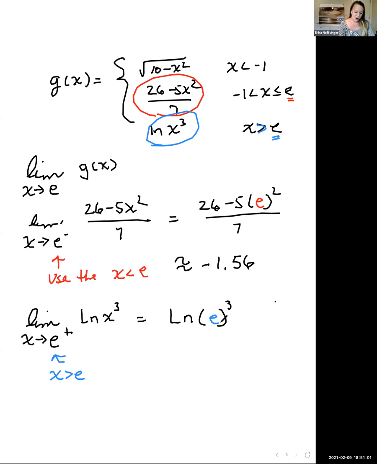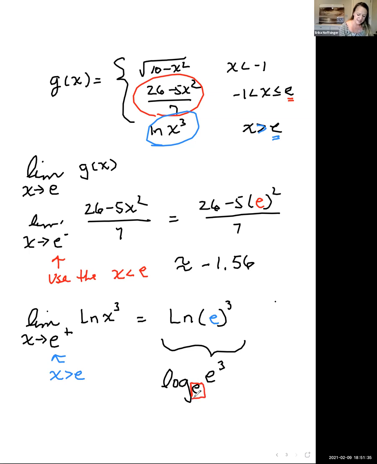Okay, so recall, first of all, what is a log? The natural log is log base e. So this is just another way to say log base e of e cubed. Recall logs, it's basically an exponent. So we're thinking to ourselves, what exponent would we raise our base to?